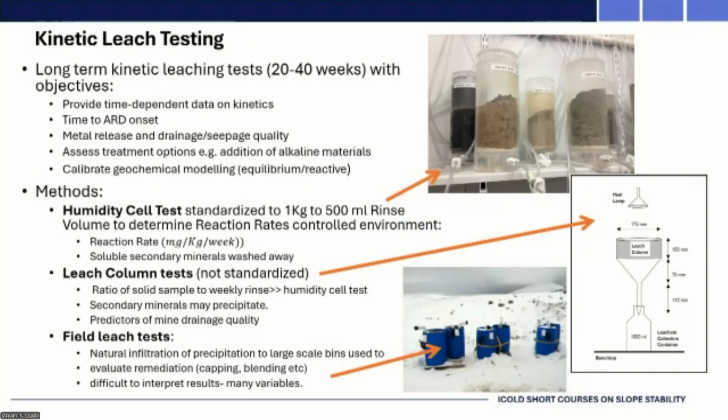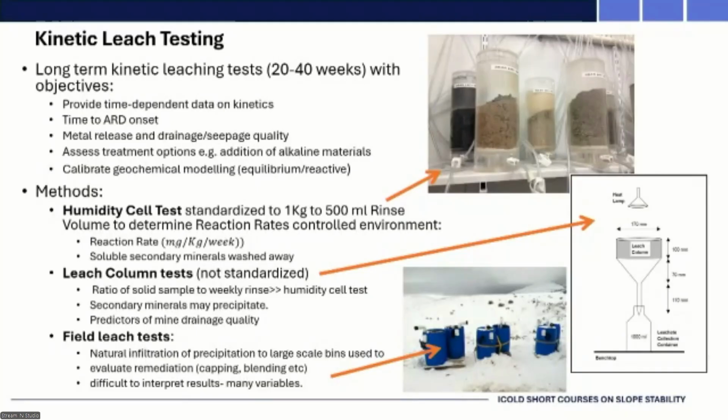Okay, so the other test that we do is kinetic leaching, because as I said, the static tests don't give you any of the rates, how fast minerals are going to be released. It's just a snapshot in time, both the leach and also all that other ABA counting. So that's why we do this kinetic leach testing, which is generally run between 20 and 40 weeks. That's to give you time-dependent data on the kinetics.